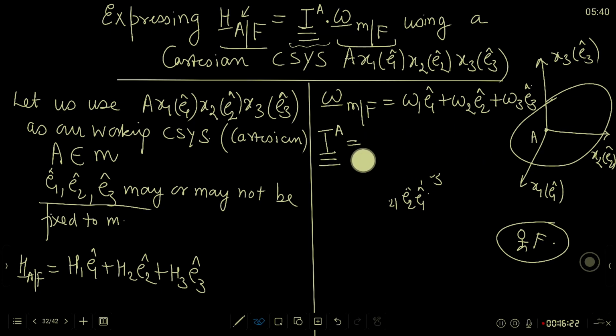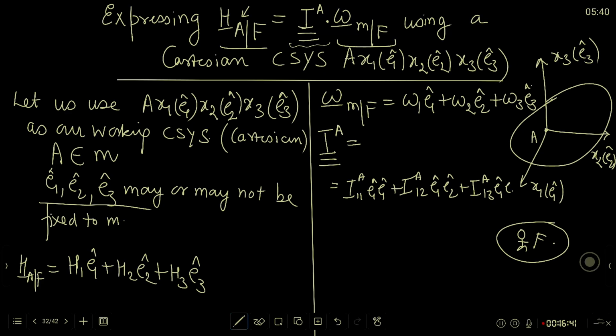It will be IA11 E1 E1, IA12, right, first three, then E2 E2, IA23 E2 E3.